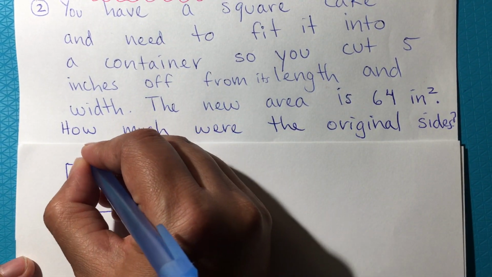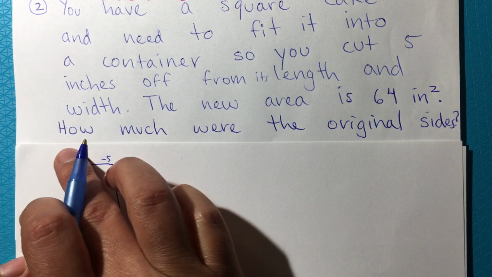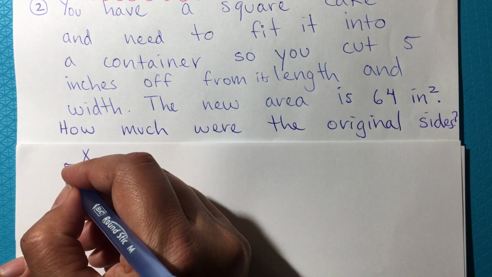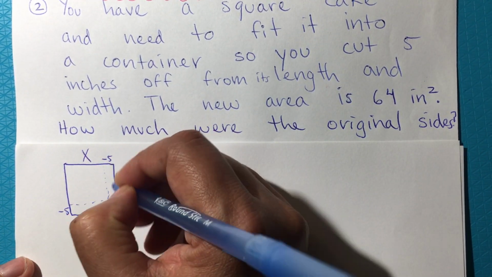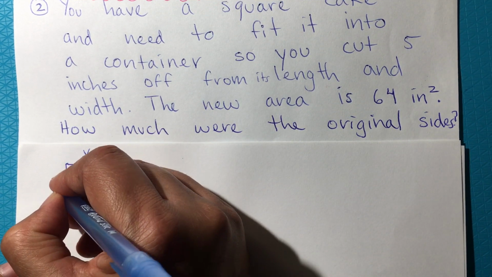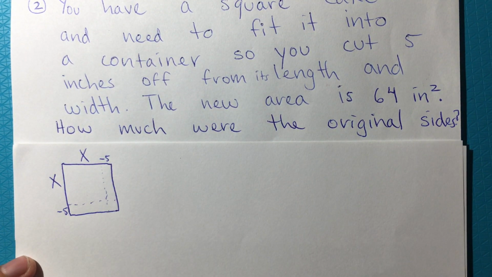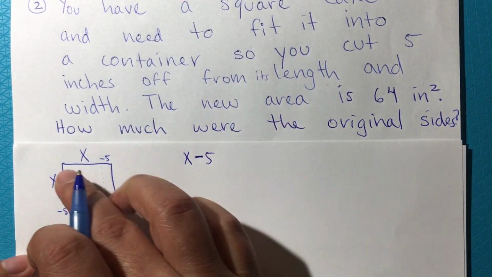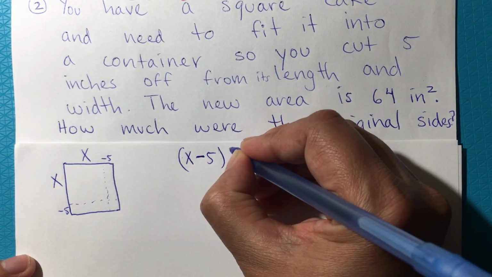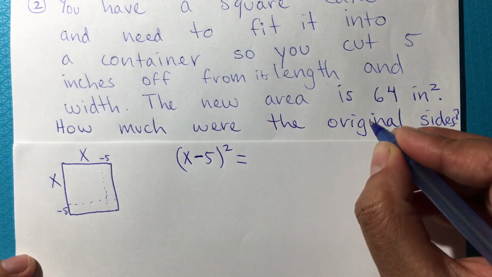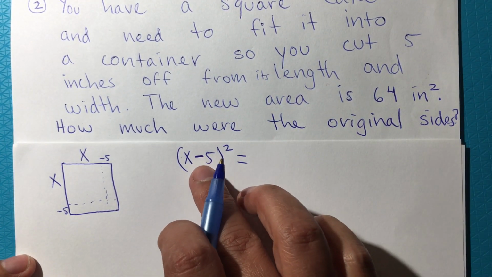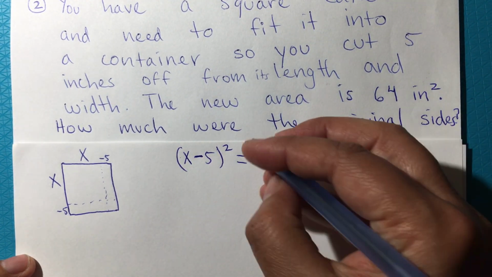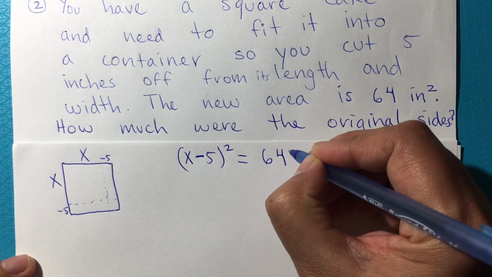So from the original, which represents the original side, it's x minus 5 that you cut off, and x minus 5 that you cut off from here. So it will be x minus 5. Since it's a square, we can just square that. And it says that now the area after you cut off the 5 inches will be 64 square inches.